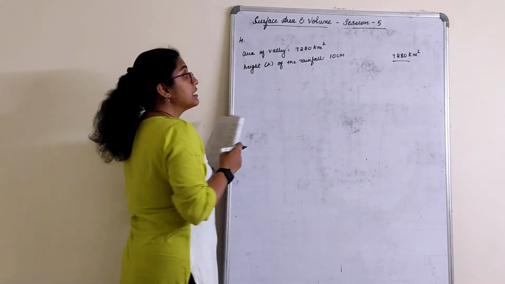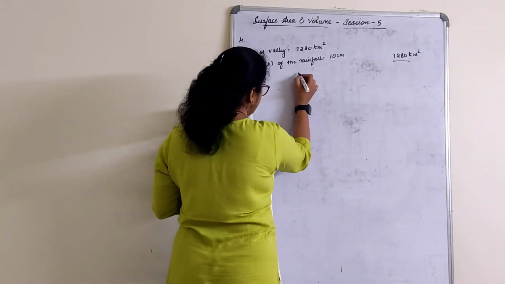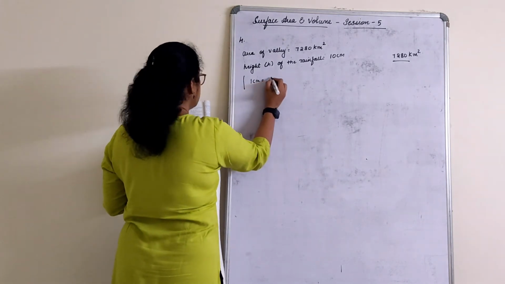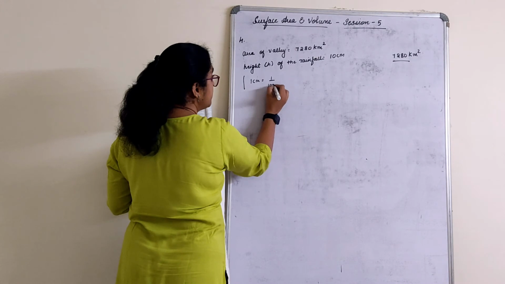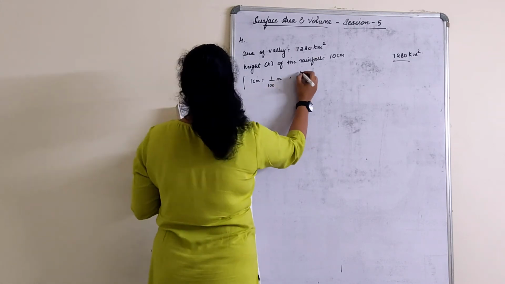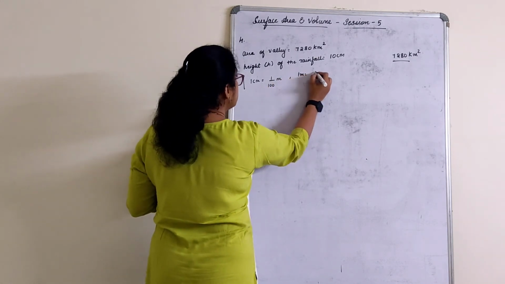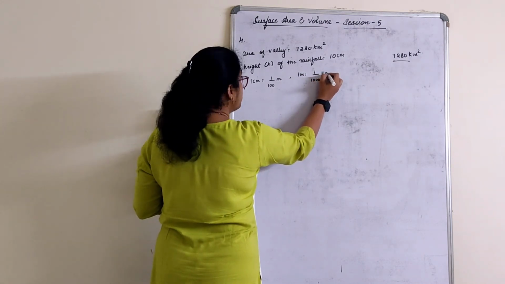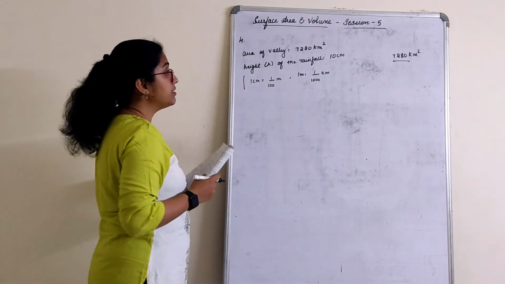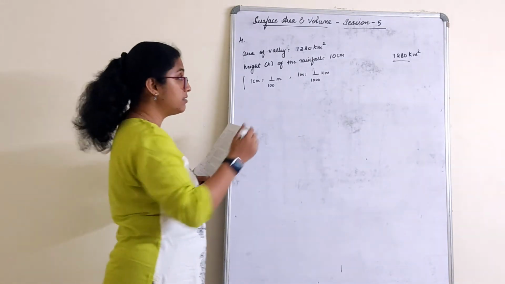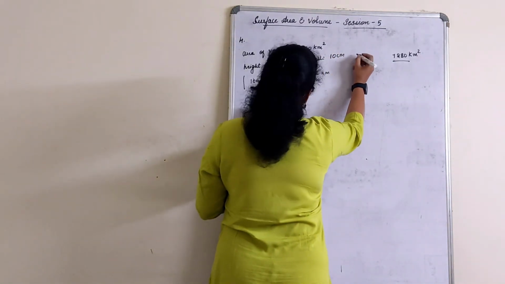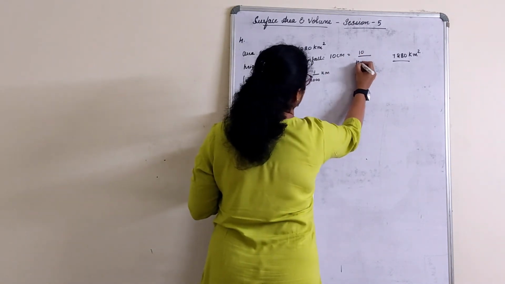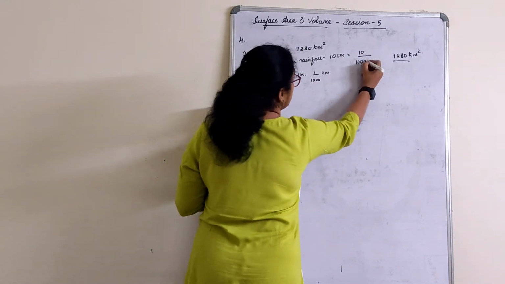First of all, convert 10 centimeter in terms of meter. See here. 1 centimeter is equal to 1 by 100 meter. Then 1 meter is equal to 1 by 1000 kilometer. So if I have to convert this centimeter to kilometer, then that will be how much? So that will be 10 upon first meter, then kilometer.